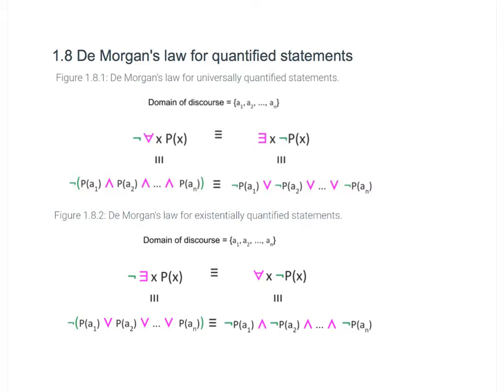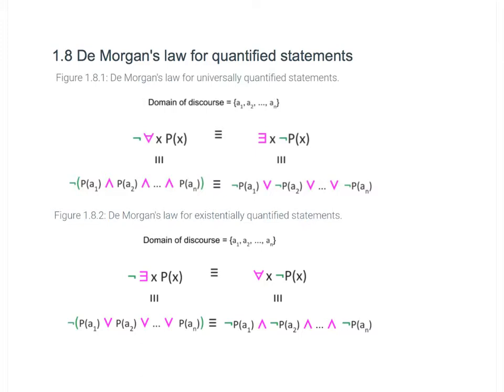So you remember that if the domain of a variable was a set of finite elements, then the universal statement could be rewritten as the conjunction of a bunch of statements.